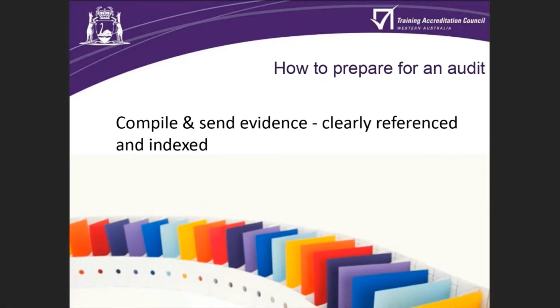If you haven't got some documents, well, you need to explain why. It may not be applicable to the way you operate. So be very open and honest with the auditor. But what is not a good excuse is that you didn't understand or didn't know that you were required to have this information. You should be sufficiently across the requirements to make sure that you're covering all aspects and providing sufficient evidence to demonstrate compliance.